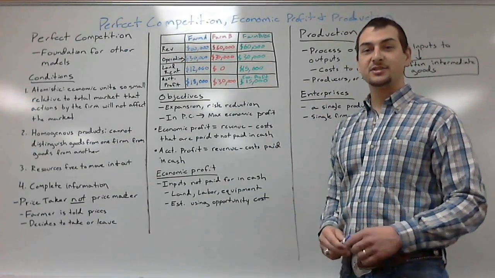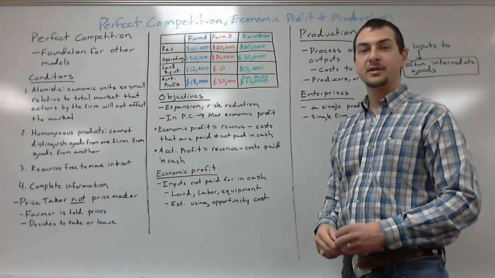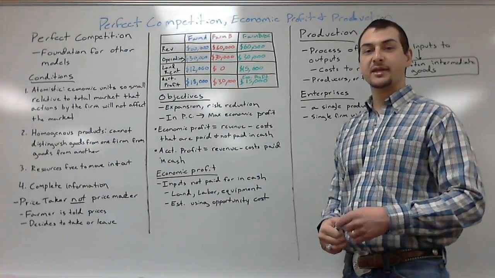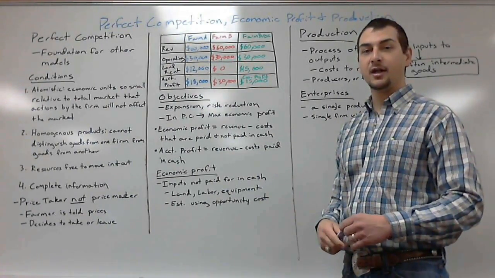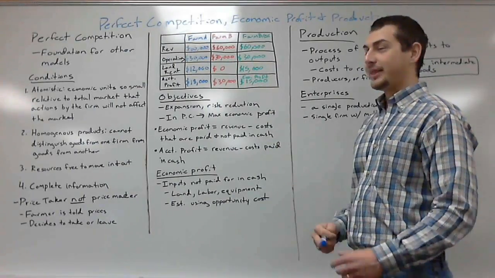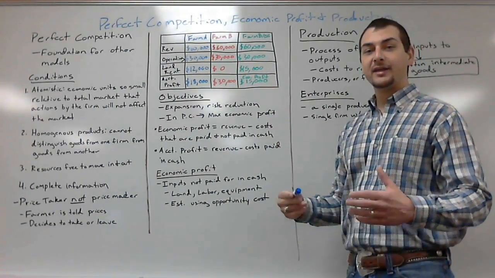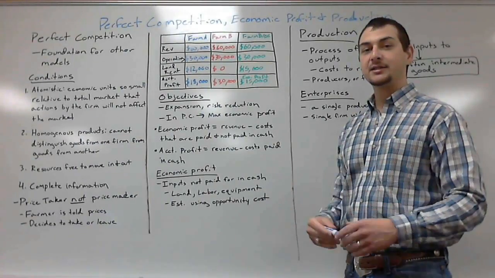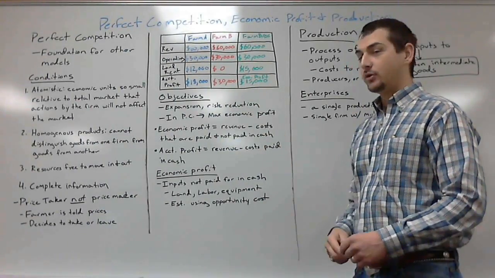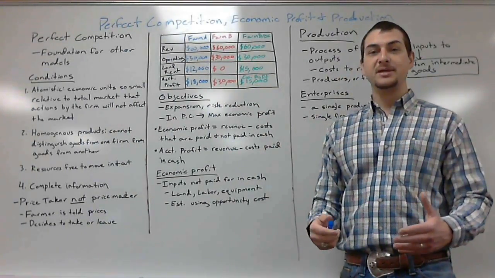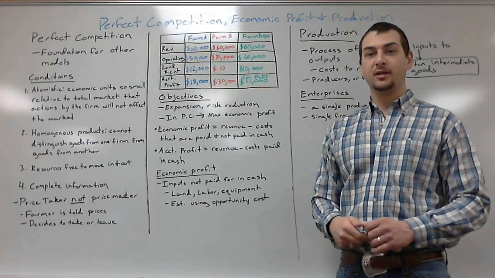So that is essentially a cost to the business. If they were to pay themselves for renting that land, it would cost them $15,000. So we account for that estimated opportunity cost of the income they're giving up by not leasing out their land. We wind up showing that the economic profit of Farm B is only $15,000.